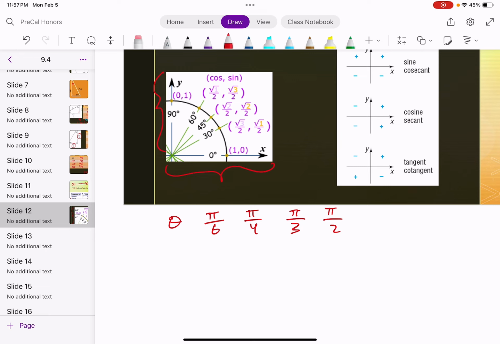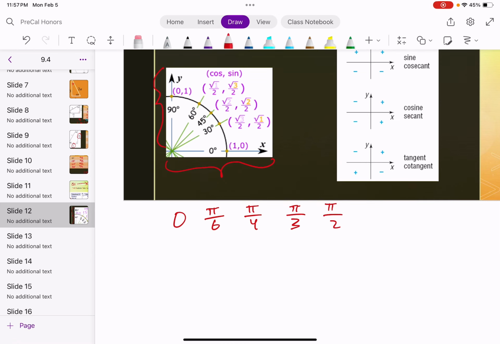Now, each one of these ratings is describing a different number. In this case over here, we have 0, 30, 45, 60, and this would be 90.